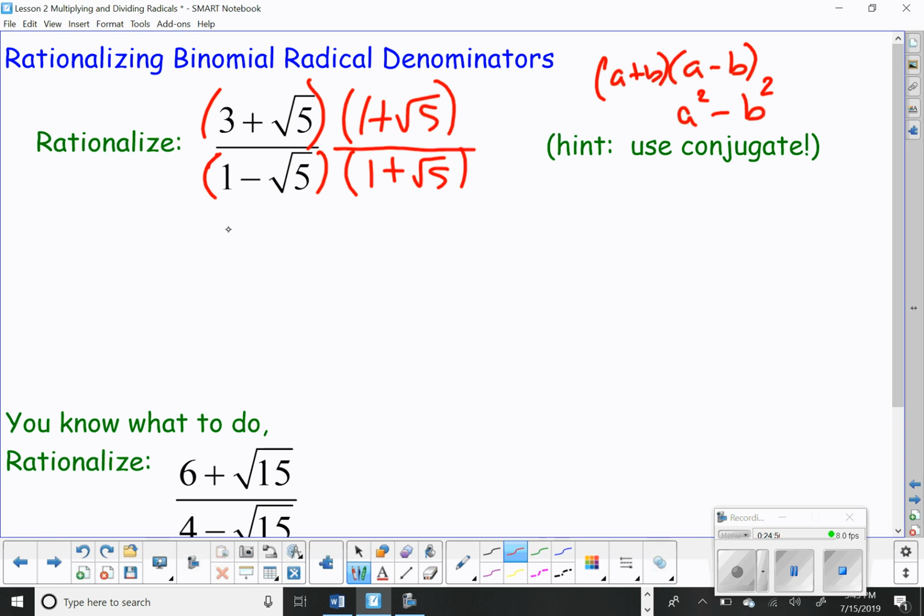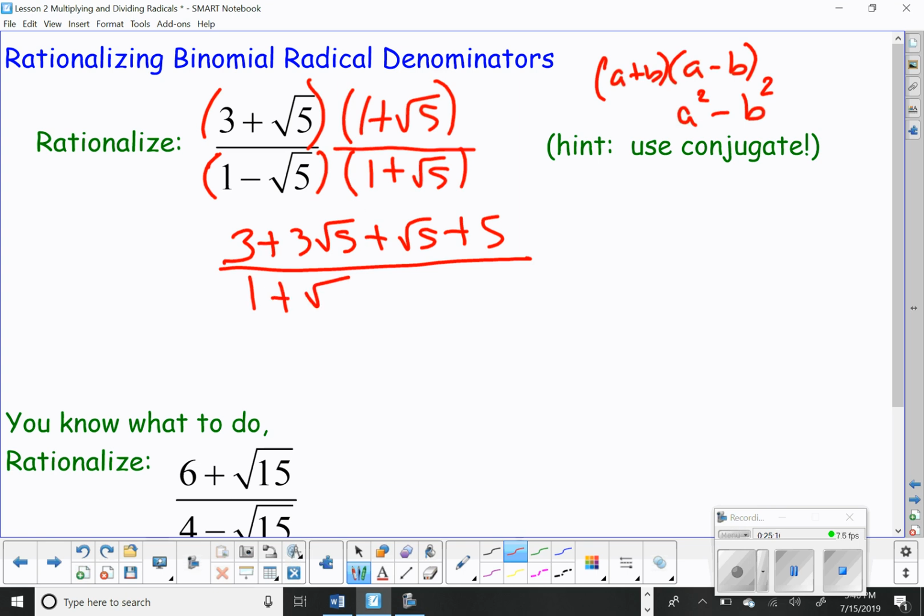So 3 times 1 is 3, plus 3 root 5, plus root 5, plus 5. Firsts, outers, inners, lasts, over. And this one I'll multiply out to show you. 1 times 1 is 1. 1 times root 5 is root 5. Negative root 5 times 1 is minus root 5. Negative root 5 times positive root 5 is minus 5.